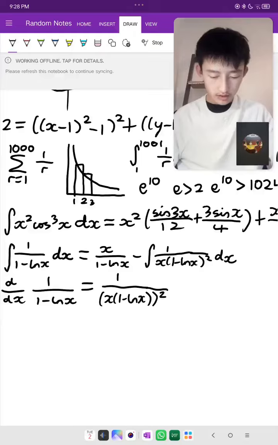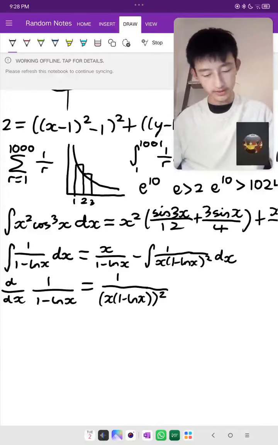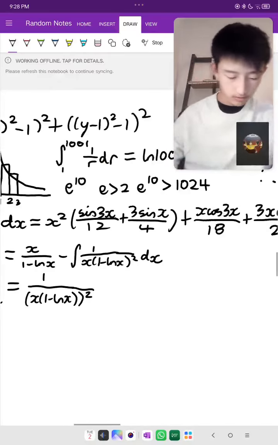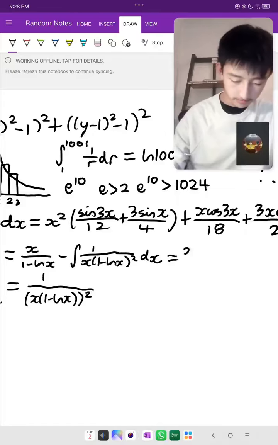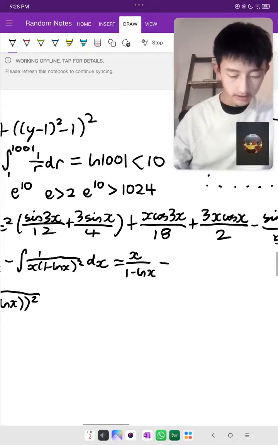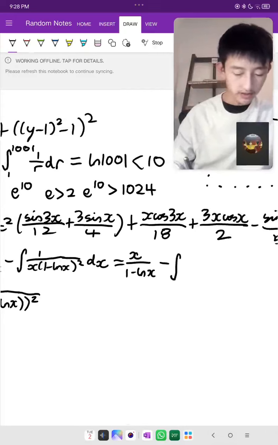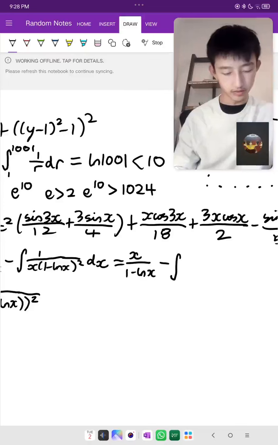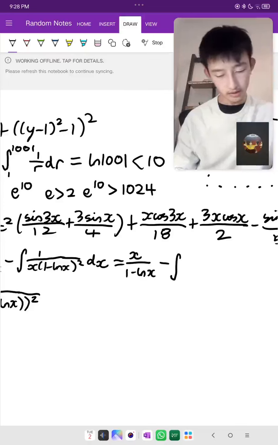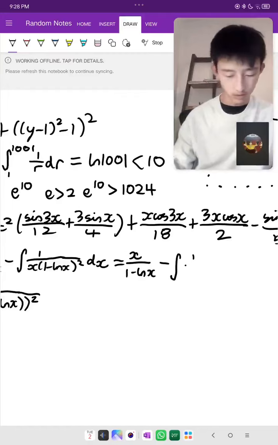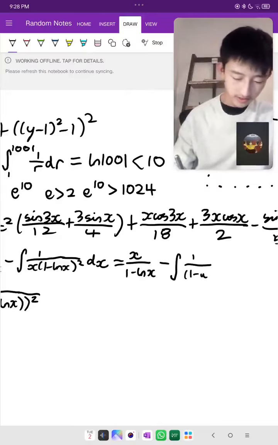In fact, I now have 1 over x, so this may be worthy of a substitution. If I set u as ln x, then I'm going to have to multiply by x, which means that I get 1 over 1 minus u squared, which I think is quite nice.